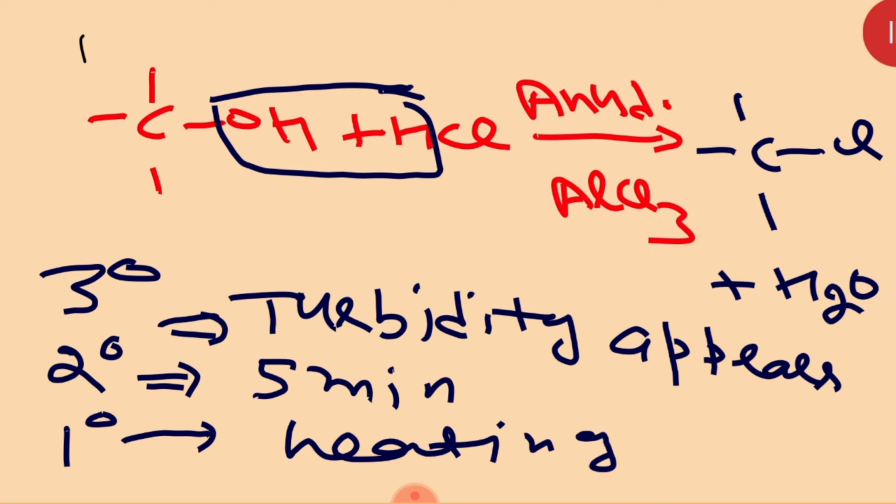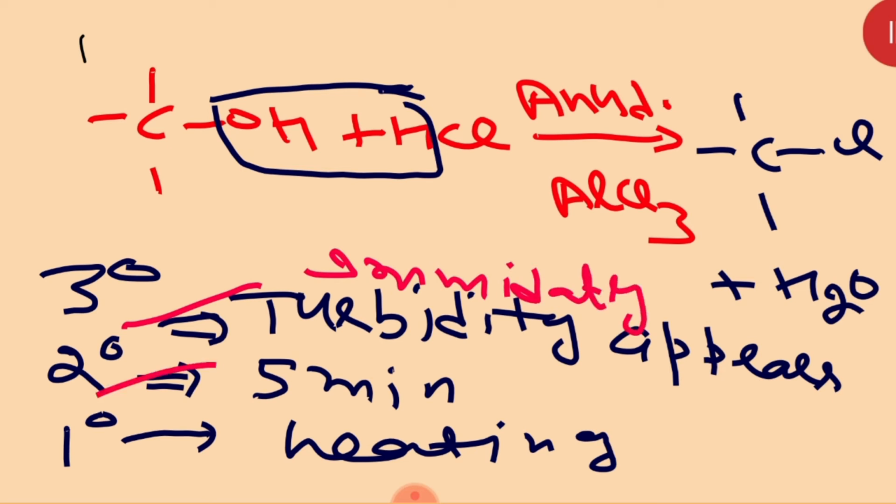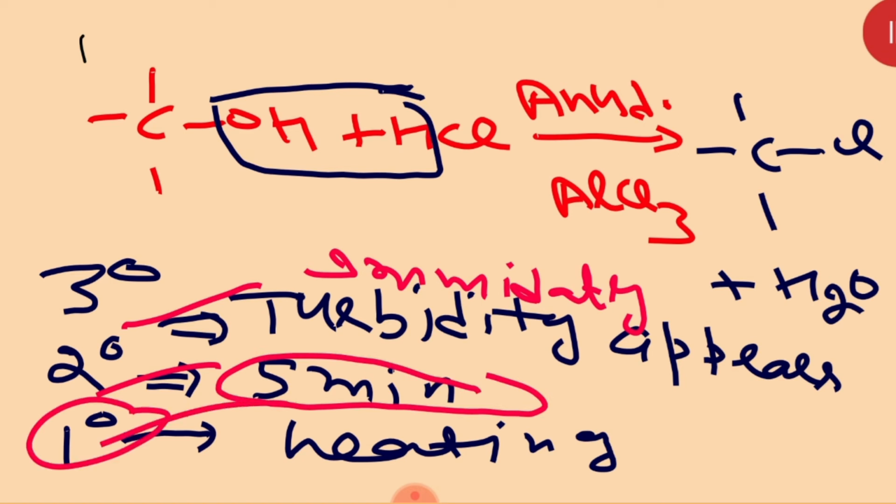Once again, if it is a tertiary alcohol, then turbidity appears immediately. If it is secondary alcohol, then turbidity will appear within 5 minutes. If it is primary, then it will be upon heating only. And one thing more, beta, you might not be getting the meaning of turbidity.